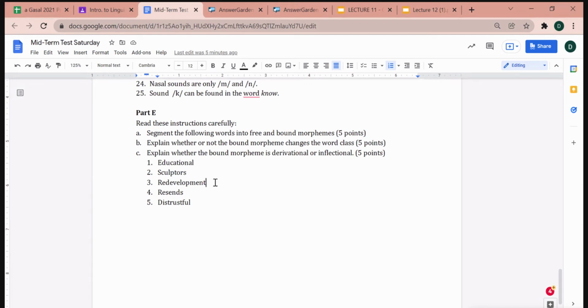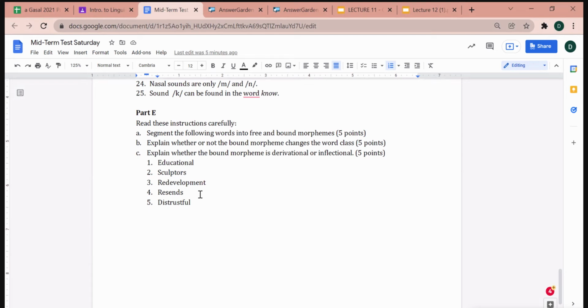Re doesn't change the word class, since develop is still a verb. Is it derivational? Yes, because derivational can occur in both prefix and suffix, while inflectional can only occur in suffix. Kalau men di sini juga termasuk derivational.